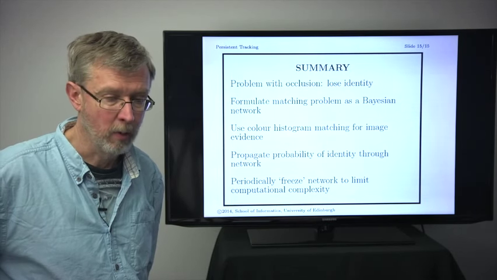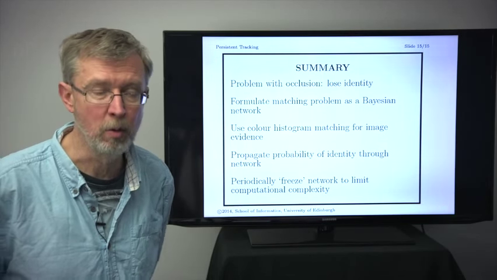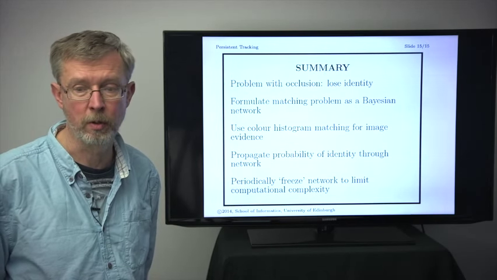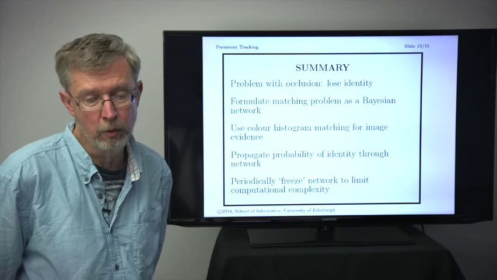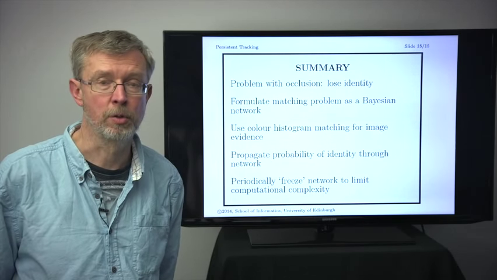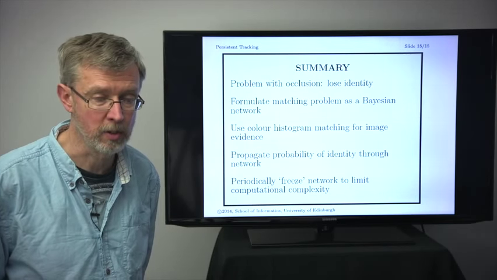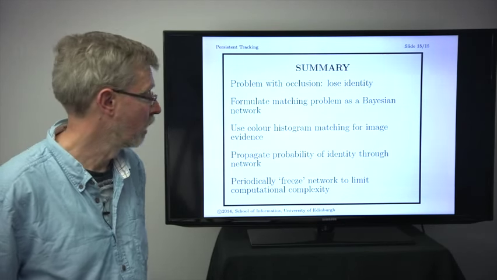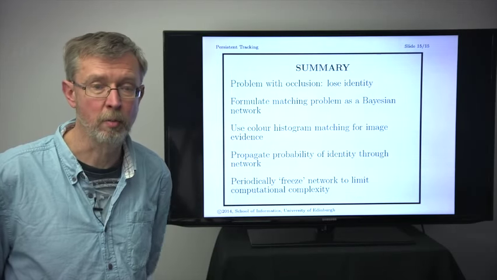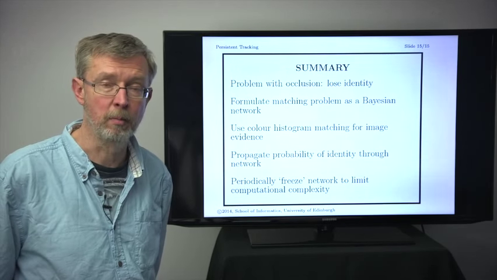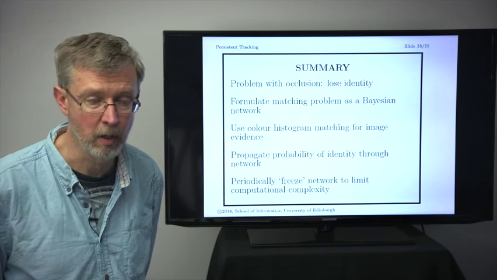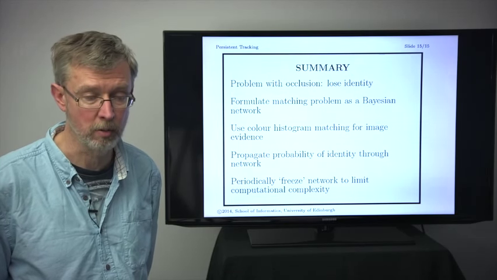So really this is a technique that we can use for dealing with occlusions. When objects cross in front of each other or behind obstacles, we lose track of who's who, which object has which identity. Fortunately, we've got a little bit of color that gives us some clue as to which targets may be which when they reappear from behind either each other or the obstacles.